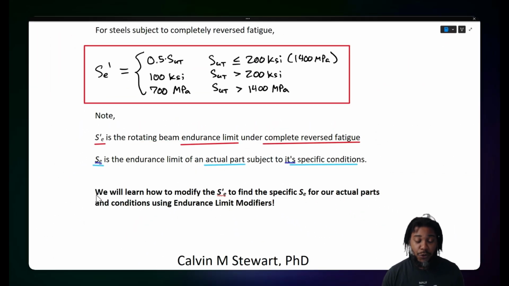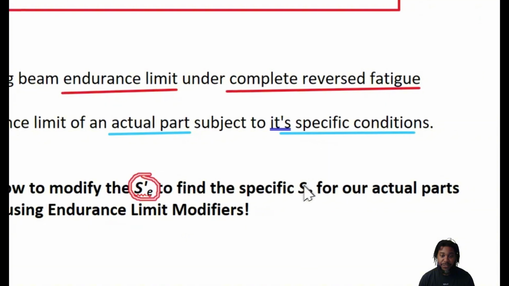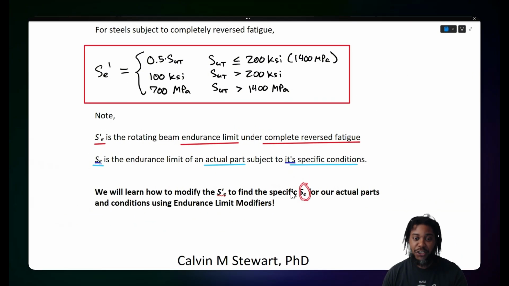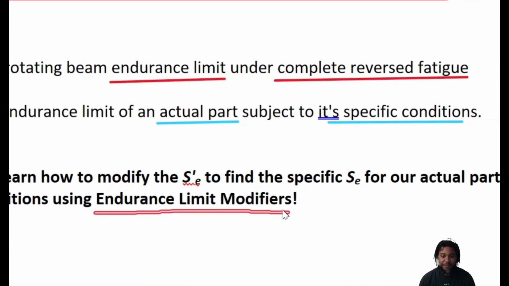So what we're going to learn in the next series of videos is how we modify that rotating beam endurance limit to determine the specific endurance limit for our actual parts under the actual conditions they are designed to operate in. And that is called endurance limit modifiers.